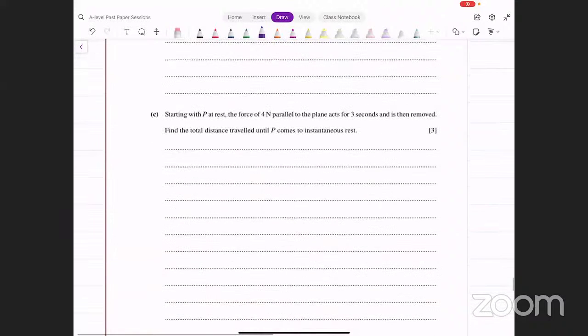It says starting with P at rest, the force of 4 Newton parallel to this plane acts for 3 seconds and is then removed. Find the total distance traveled until P comes to instantaneous rest.